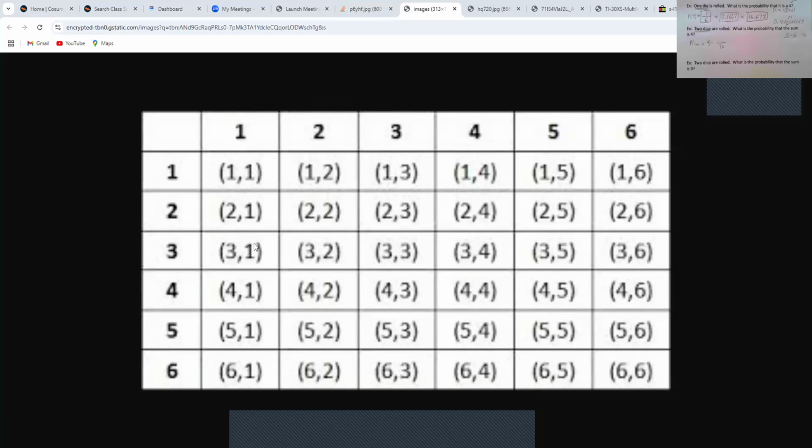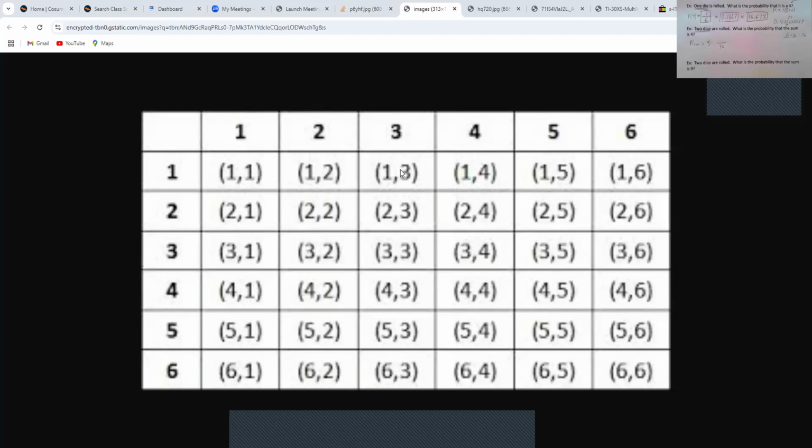If you find one of them that adds up to a certain thing that you're looking for, just go kind of diagonally and up to the right, and you'll probably find the rest of them also. So 3 plus 1, or 2 plus 2, or 1 plus 3. That's 3 things out of 36. Out of the 36 elements, 3 out of the 36 add up to the number 4. And I'm talking about these 3 right here.